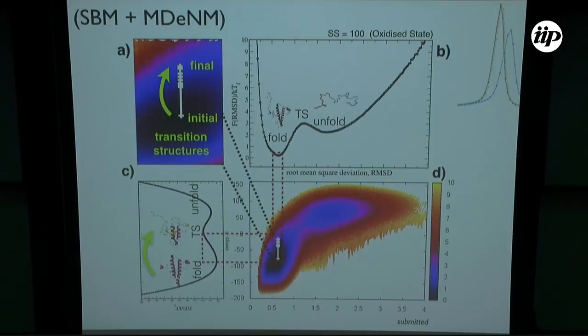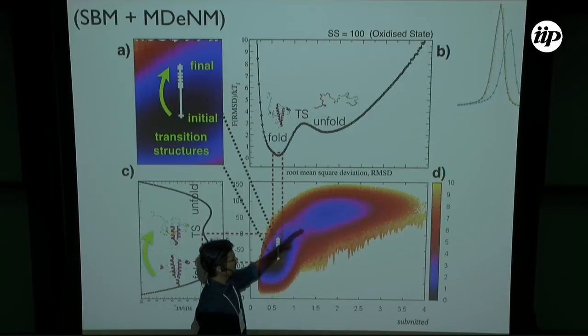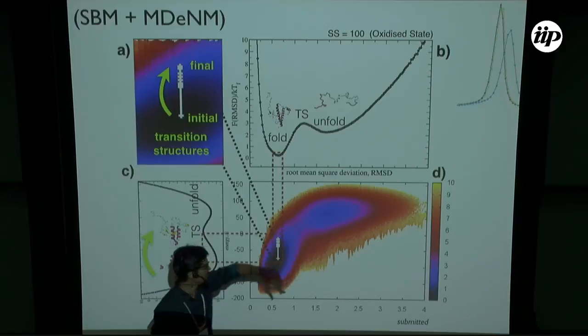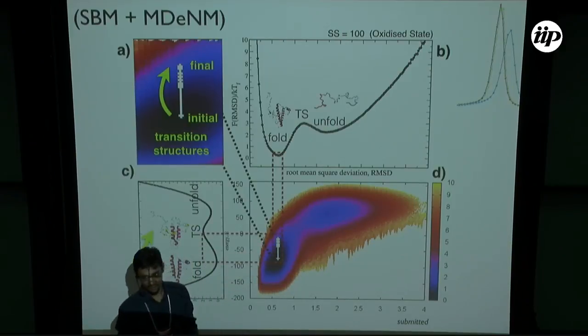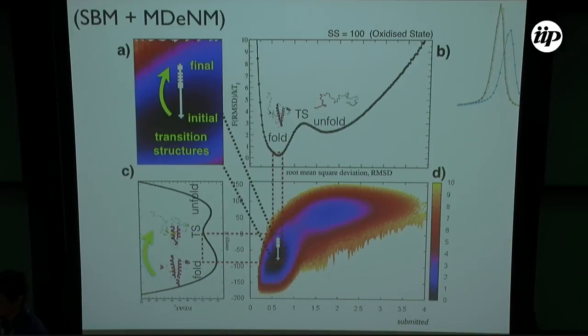This is what we got. We superimpose the normal mode structures on top of the free energy profile. With the structure-based model, I can fold and unfold the protein pretty easily, and this would be the most probable path to the unfolded states. But as you can see here, the infectious structures are off the most probable unfolding trajectories.